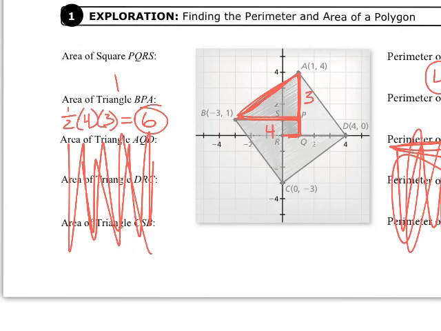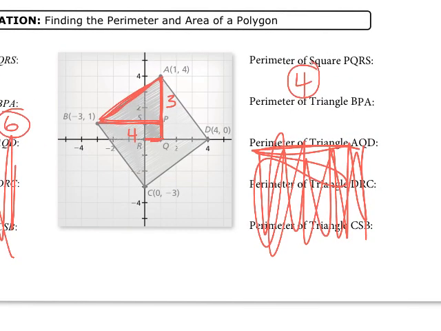Okay, and then I can also find the perimeter of the triangle. In order to find the perimeter of the triangle, what do I need to find first? Yeah. The length of the other side. Okay, which is side AB, right? So I need to find the length of this side over here, AB. Do we have a way of finding the distance of this line on a coordinate plane? Okay, so remember we kind of turned the Pythagorean theorem into the distance formula.